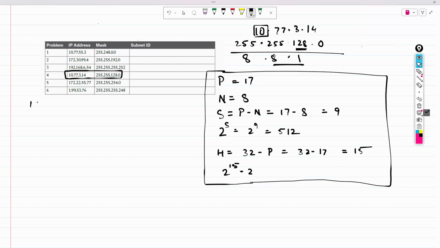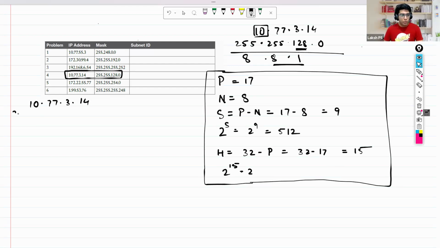the broadcast ID, for 10.77.3.14 with subnet mask 255.255.128.0.